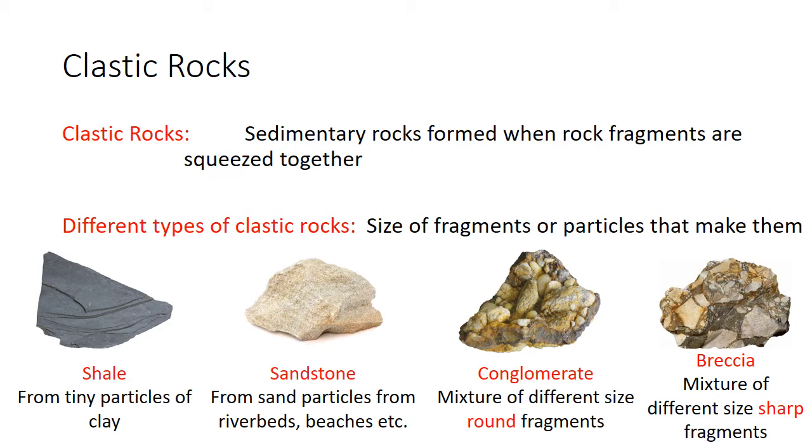All the fragments in breccia are sharp. The difference between conglomerate and breccia is that conglomerate has round fragments and breccia has sharp fragments. These are four very common types of clastic rock.